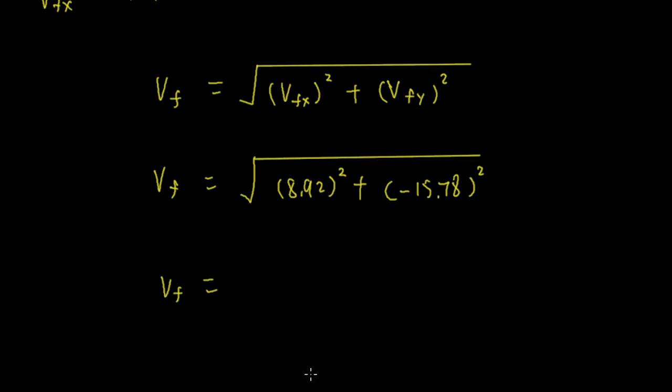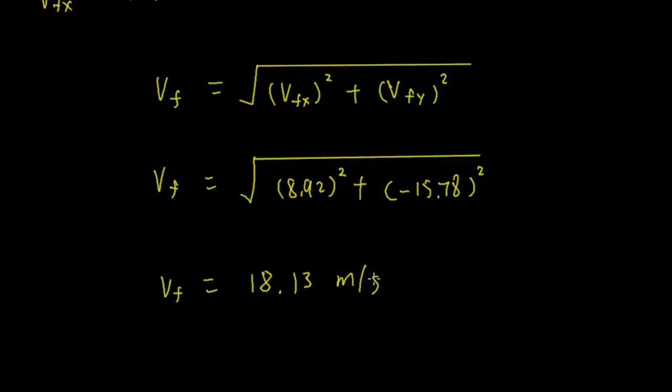Let's calculate this: 8.92 squared plus negative 15.78 squared, and then take the square root. It's approximately equal to 18.13 meters per second. So that's the magnitude, and we don't need the head here.